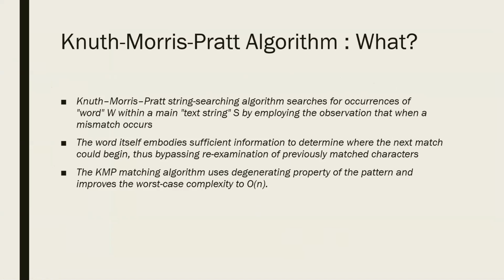That's what all searching algorithms are, but the advantage of this one is that it improves the worst case complexity to O(n), whereas the naive string matching complexity is O(mn), where m is the length of the pattern and n is the length of the string.